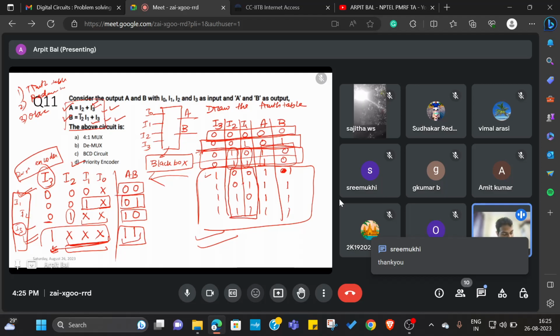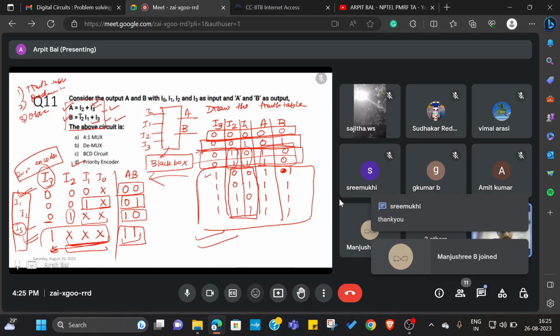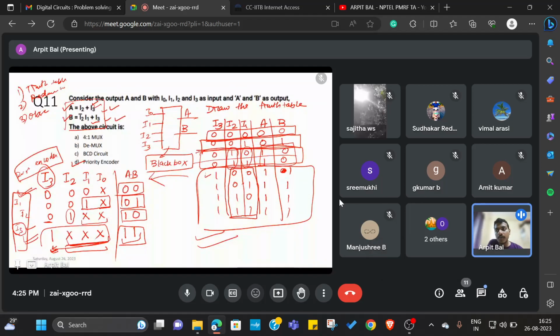So as I was suggesting, try to solve these problems on your own, and if you arrive at a different solution from what we have solved in this particular session, you can check what makes the solution different.